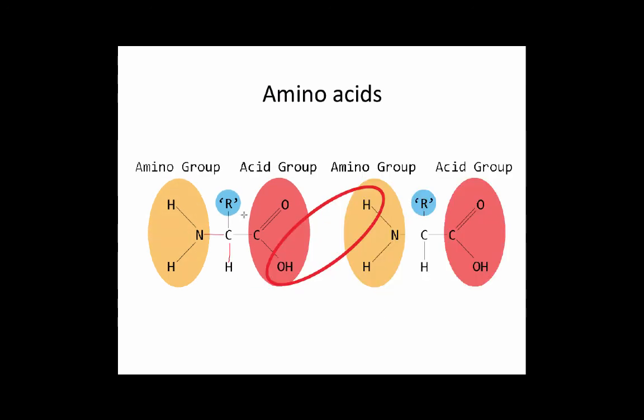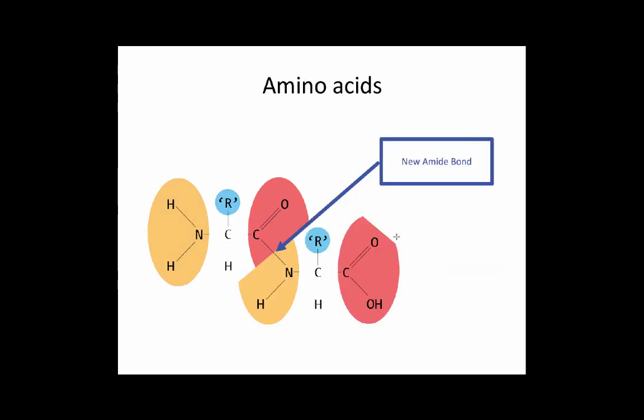Okay, so notice our carbon over here from the acid group is going to be connected to the N from the amino group when this water leaves. And we get this new amide bond. And if we were circling this, we'd have this C double bond O, NH, as our amide functional group.